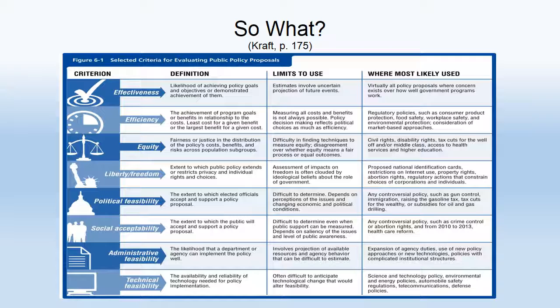And then again, social acceptability. If I want to build this community center, is it acceptable to the public? And so you can see that each of these criteria are coming at evaluating a problem or a proposal from a slightly different perspective. And this, in fact, is what we're driving at with our own projects. How are you evaluating your alternatives?